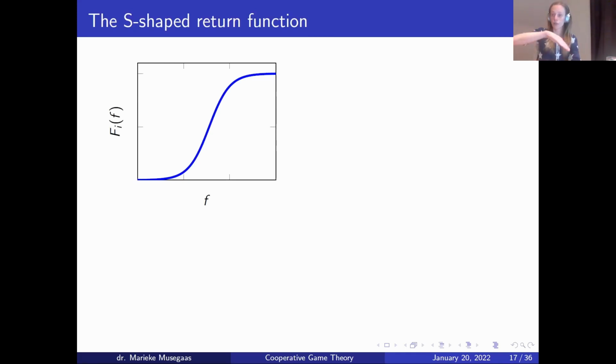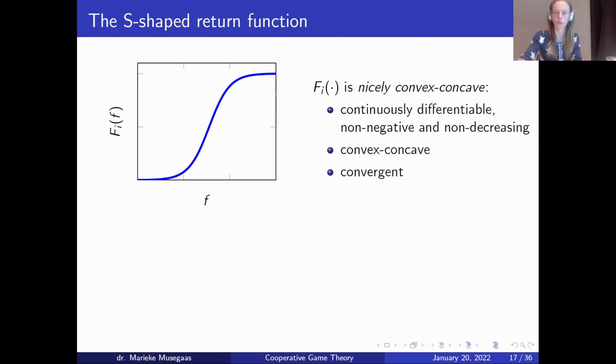So this is the S-shaped return function. It is an increasing function. Here are all the mathematical definitions of why it's called convex concave. It is an increasing function, so in other words, the more vaccines you have, the higher your monetary health benefit is. Makes sense, huh? If you look over here, this is the convex part, and then it becomes a concave part.